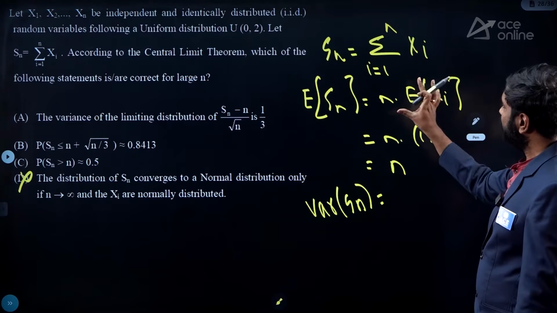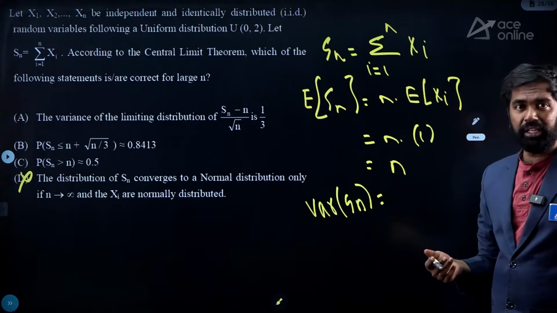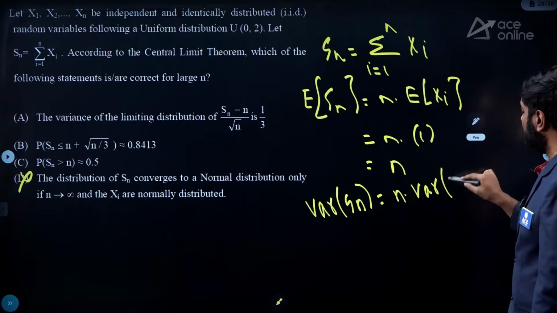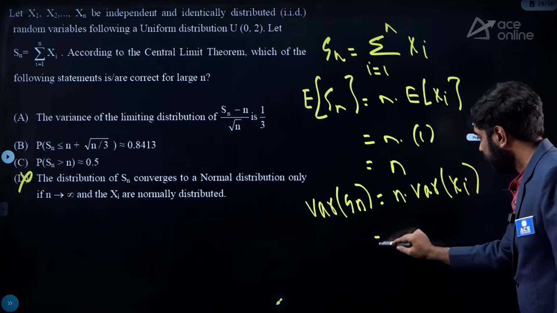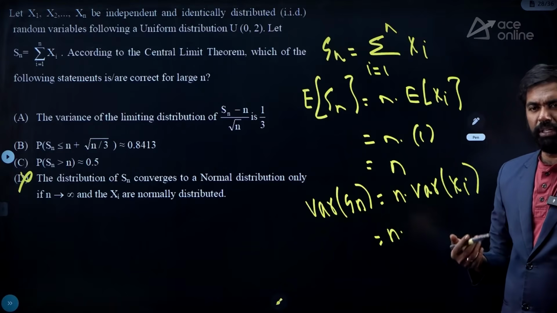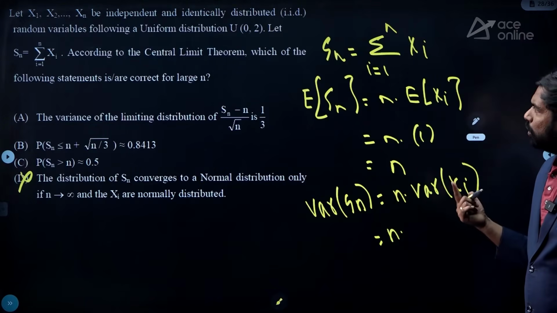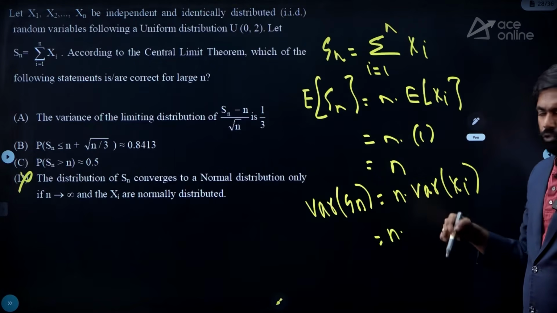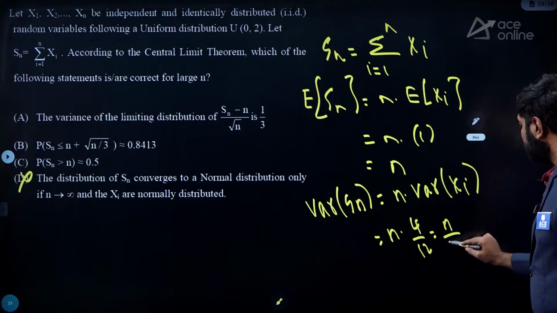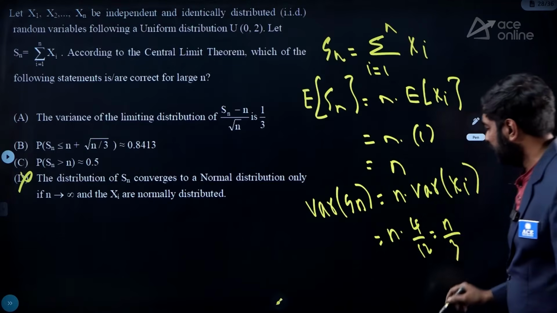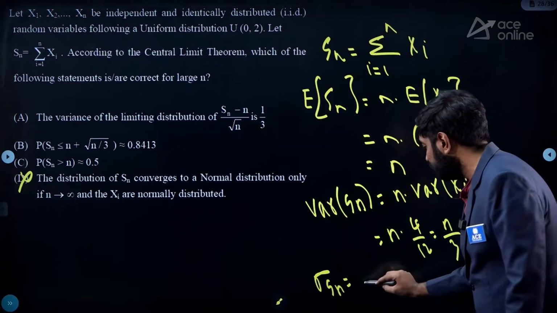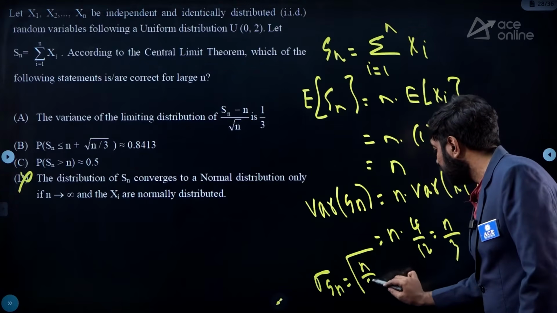What is variance of the summation of xi? Since they are IID, there is no covariance involved. It is n into variance of xi. Try to recollect what the variance of a uniform random variable is: (b minus a) whole square by 12. So (2 minus 0) whole square is 4, 4 by 12 is 1 by 3. And then the variance of Sn is n by 3, and the standard deviation of Sn will be the square root of this, just root of n by 3.